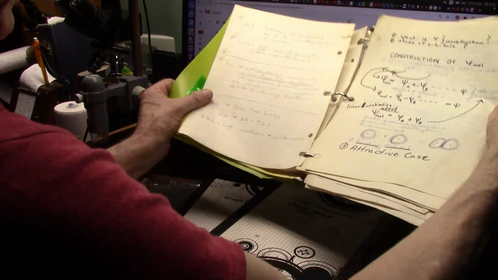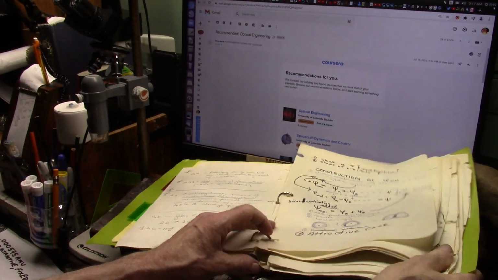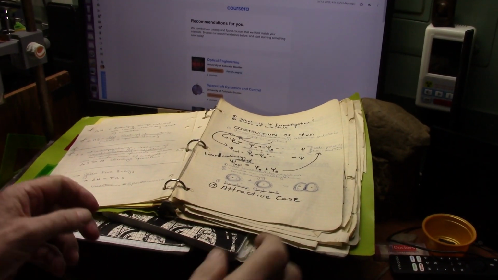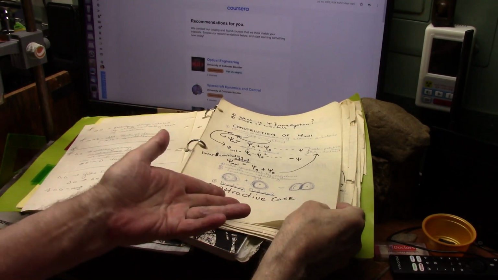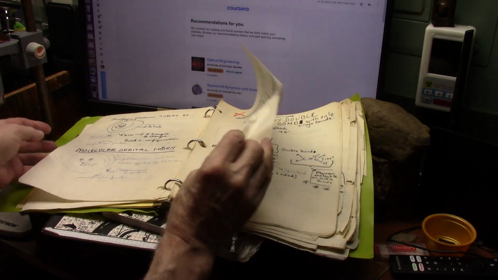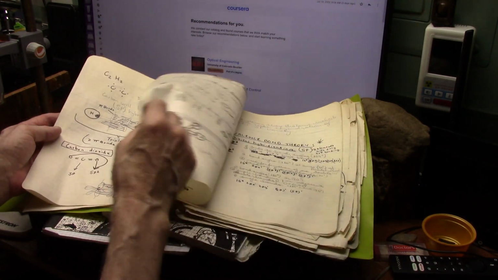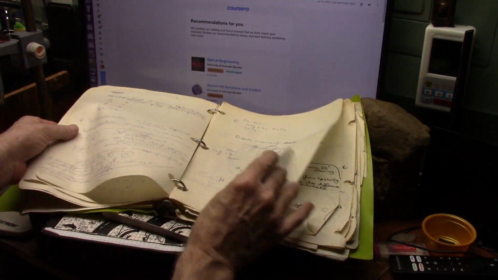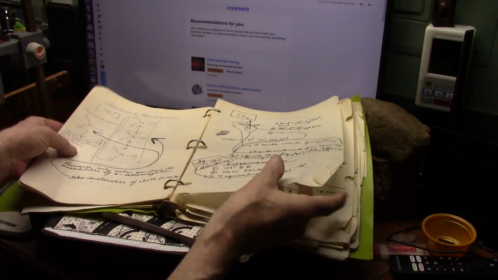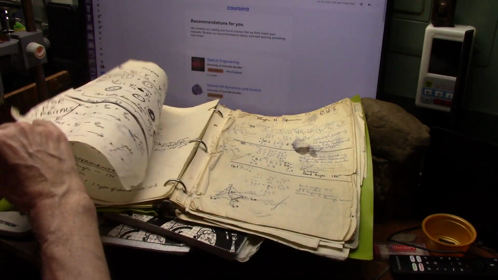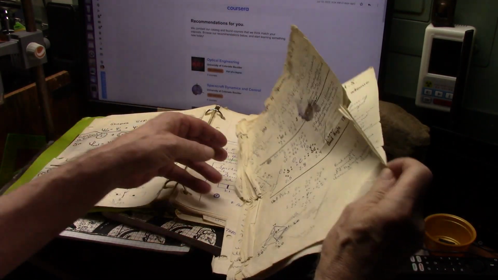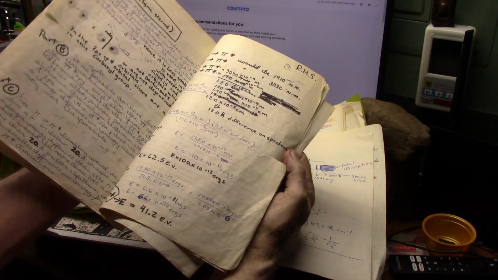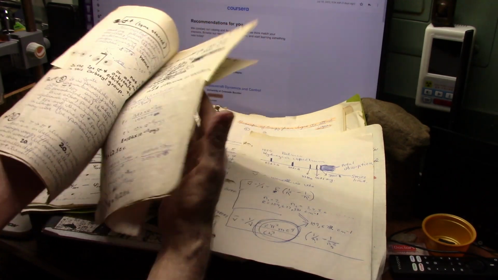Here, let me put this down because it's going to become a mess. It's very old stuff. But I tell you, this has been fun looking back through, the attractive case for bonding, resonance, double bonds, valence bonding, all of these different things, hybridizations, all the organic molecules. This was a big paper I did on a lot of stuff.